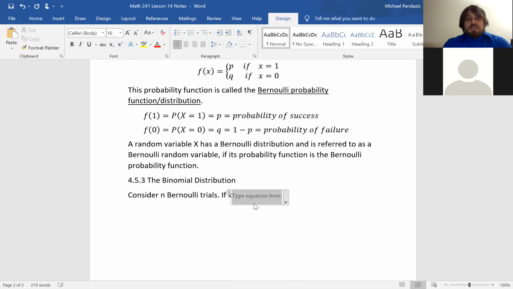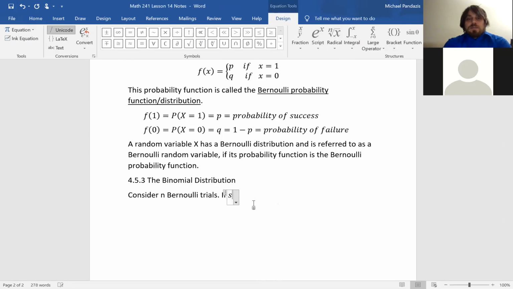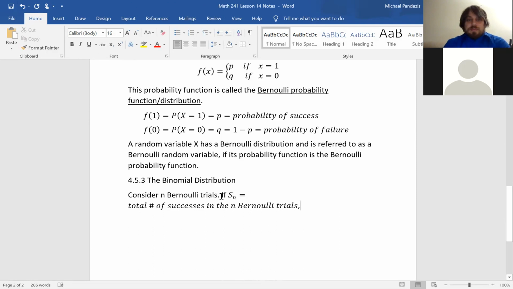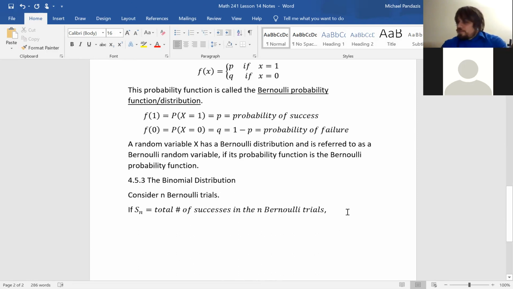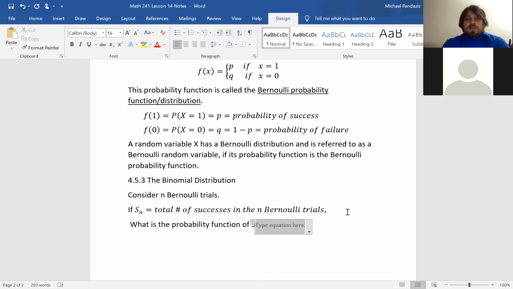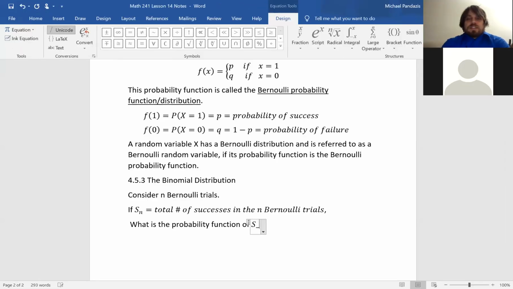If S sub n is equal to the total number of successes in the n Bernoulli trials, what is the probability function of S sub n?